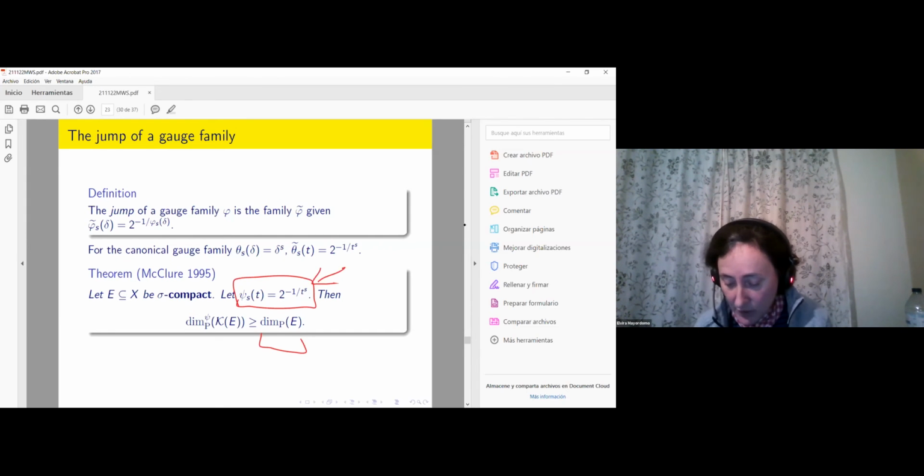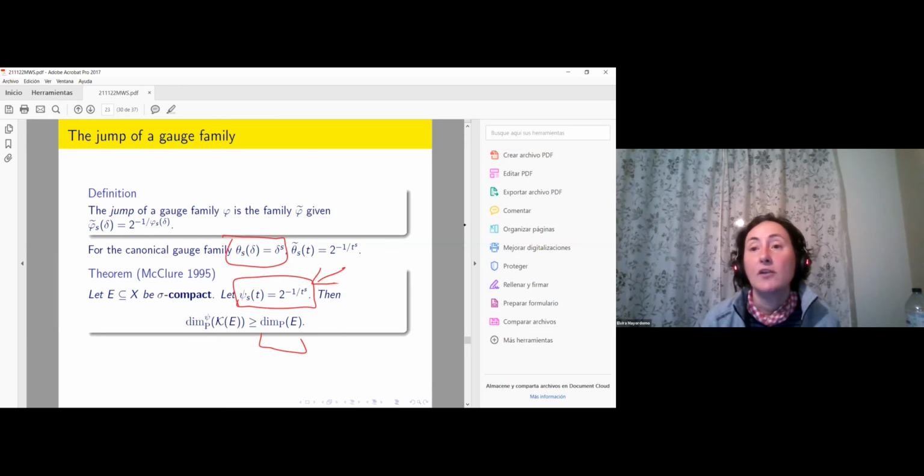So if the original was this one, in order to get some meaningful relationship between the dimension of the space and the hyperspace, you need to change to this other one. And in general, well, first we thought, why do you do it only for phi s? For theta s, let's do it for any other gauge function.